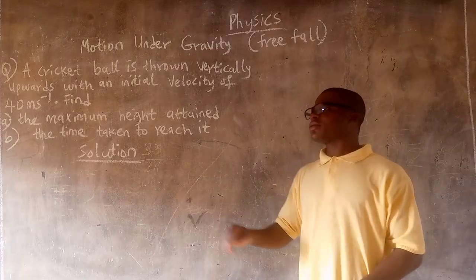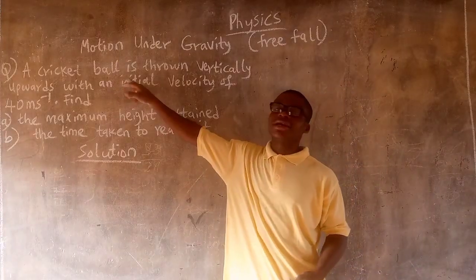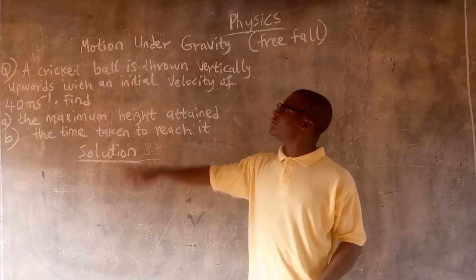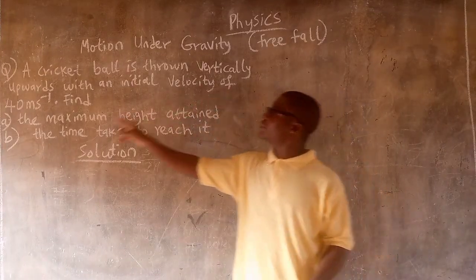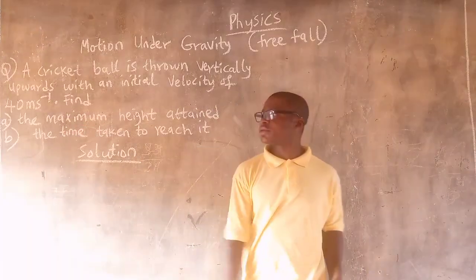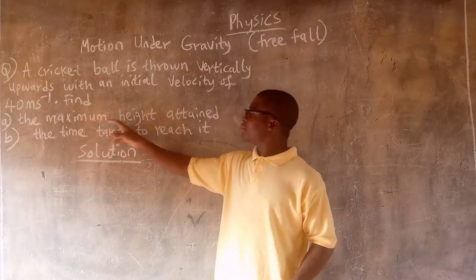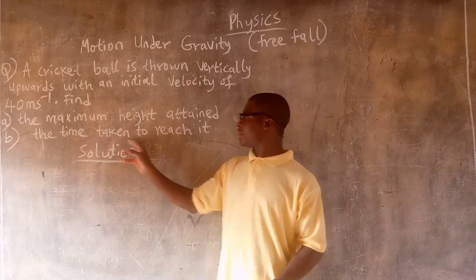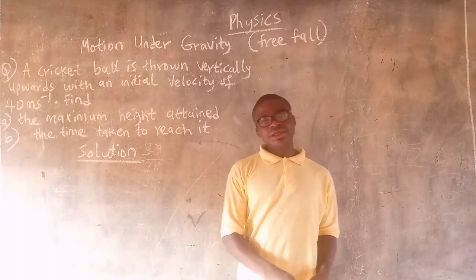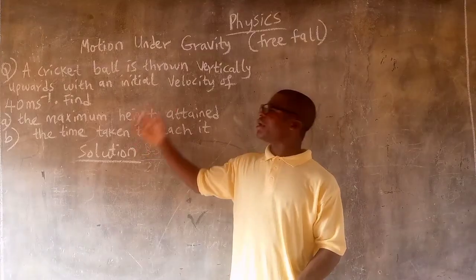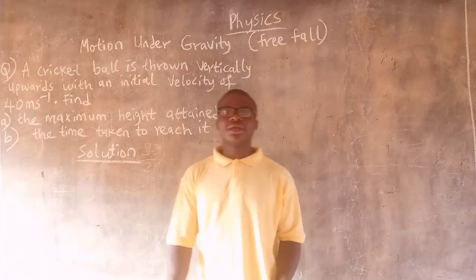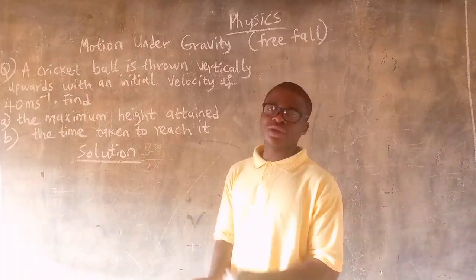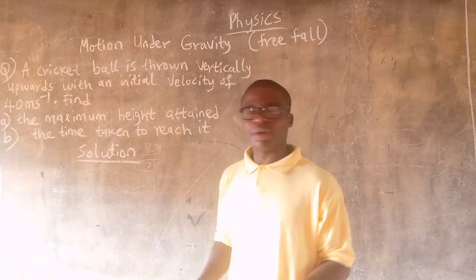The question on the board says that a cricket ball is thrown vertically upwards with an initial velocity of 40 meters per second. Find A, the maximum height attained, B, the time taken to reach it. So whenever a problem is given in physics, the first thing to do is to write out the variables or the parameters.